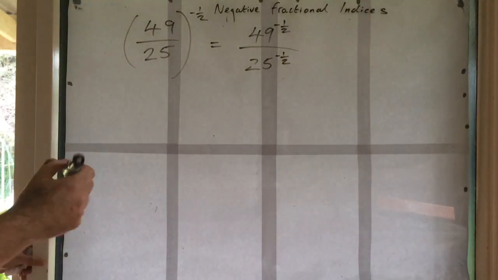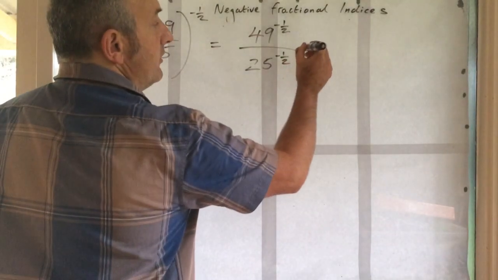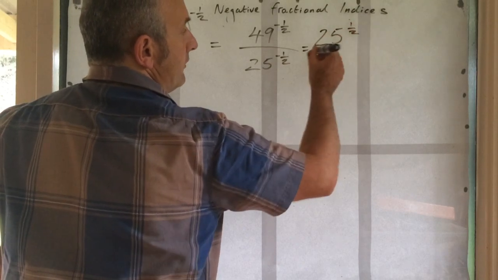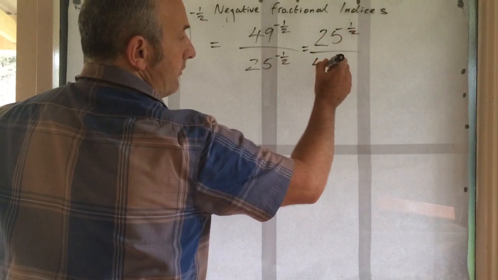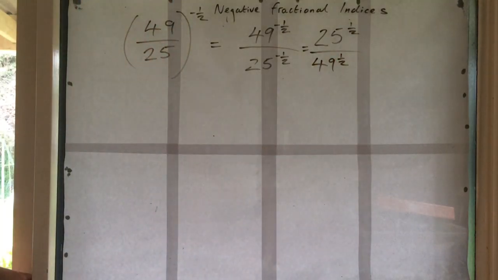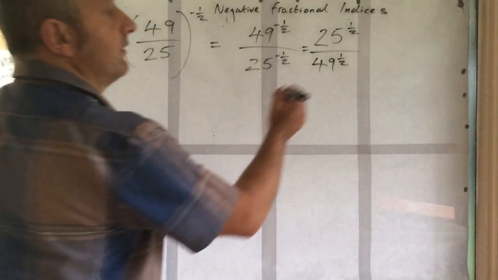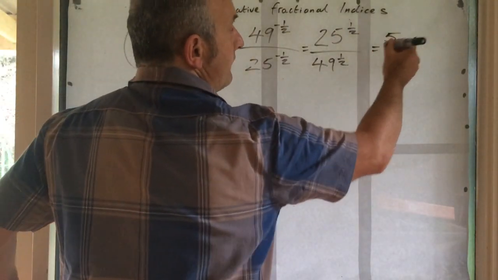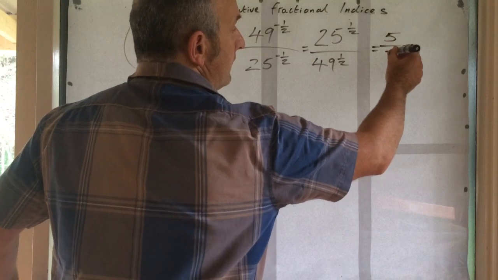Watch what I'm going to do. I'm going to swap them over and make them positive. So now I've got 25 to the half over 49 to the half. So what's my final answer going to be? That's the square root of 25, 5, over 7.